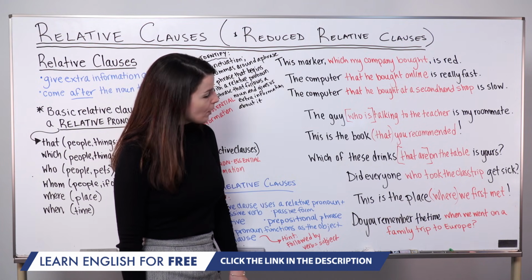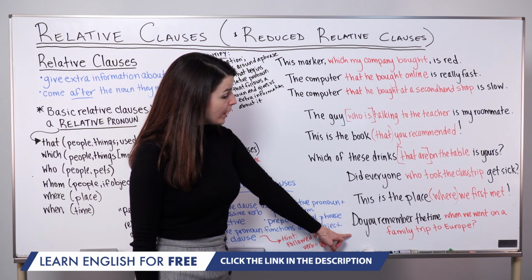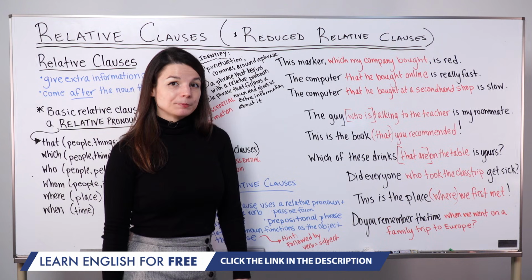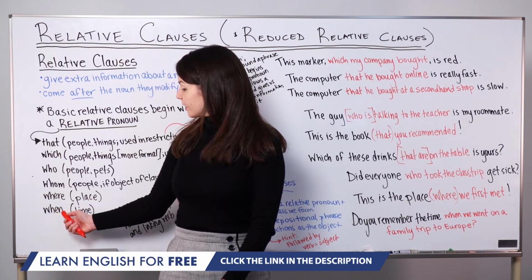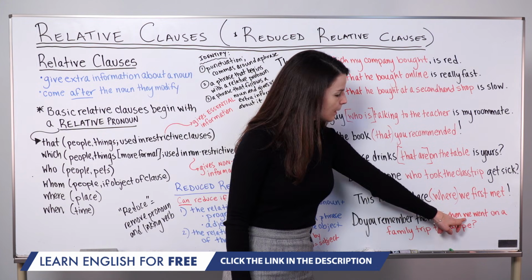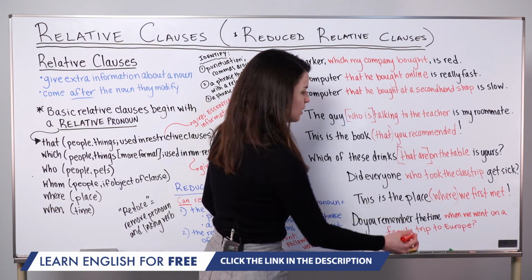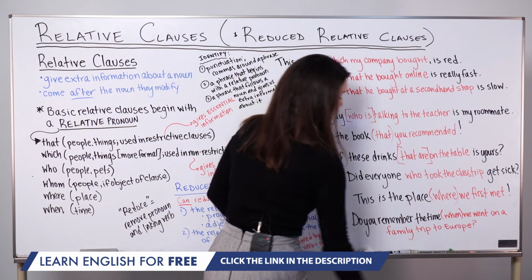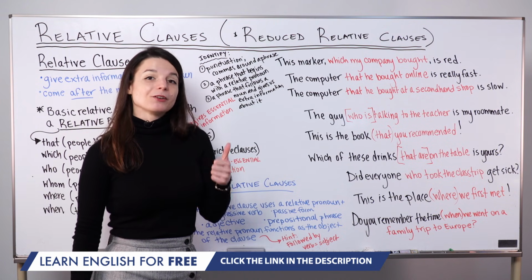Okay, one more example. Do you remember the time when we went on a family trip to Europe? So here, I'm using when because it's a time question. And again, we don't have a verb here. There's nothing here. Again, we have this we. So we can remove this part if we like. Do you remember the time we went on a family trip to Europe? Is also okay.